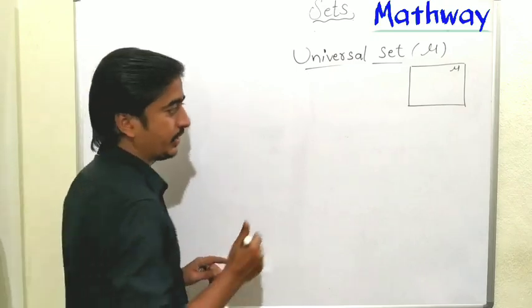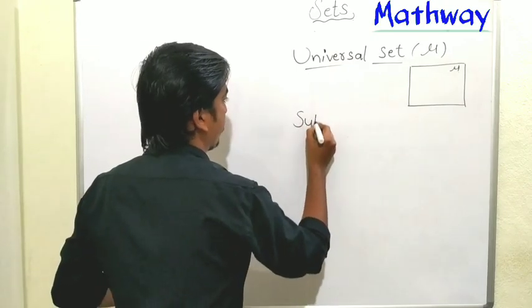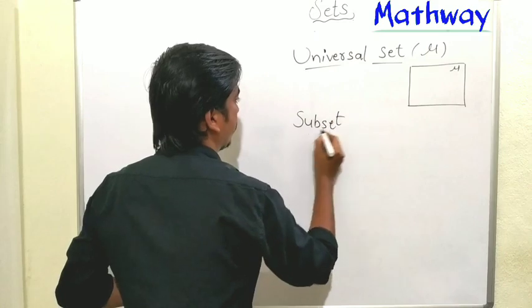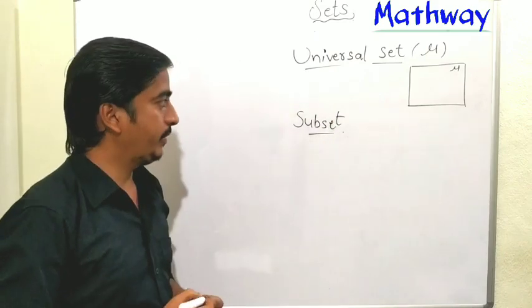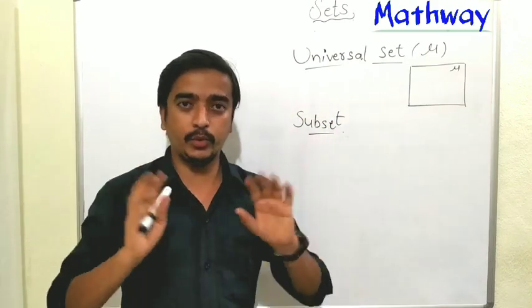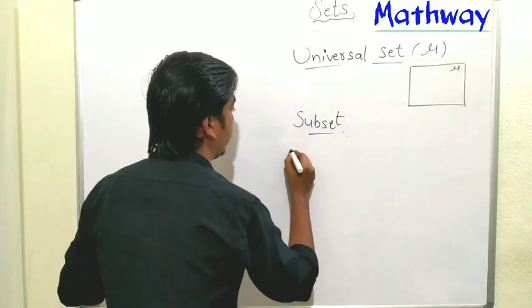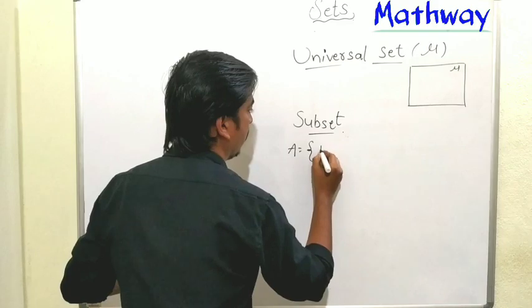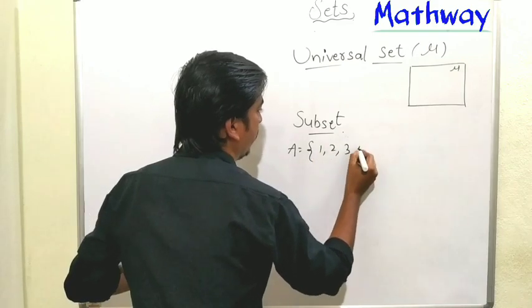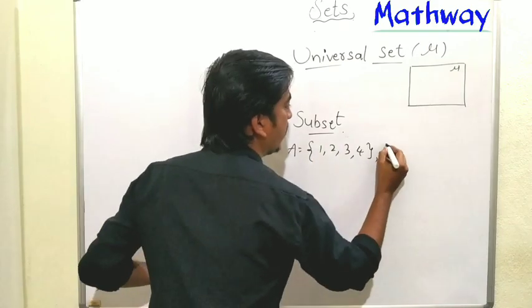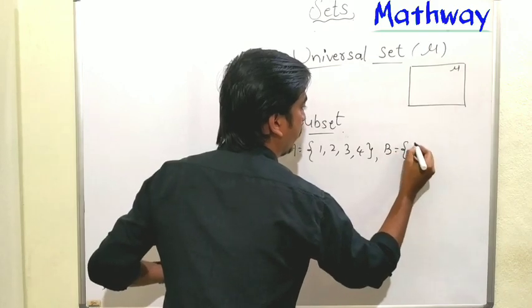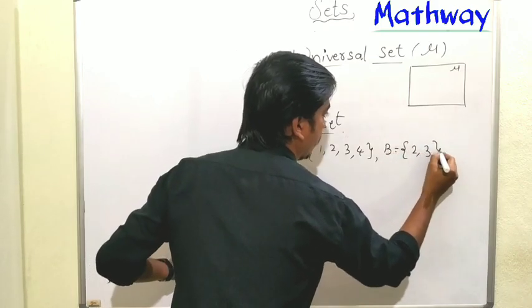Next, subset. Subset means, if we have two sets, for example, set A as 1, 2, 3, 4, and set B, I am taking 2, 3.